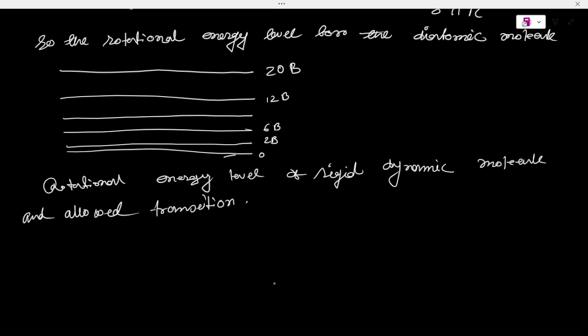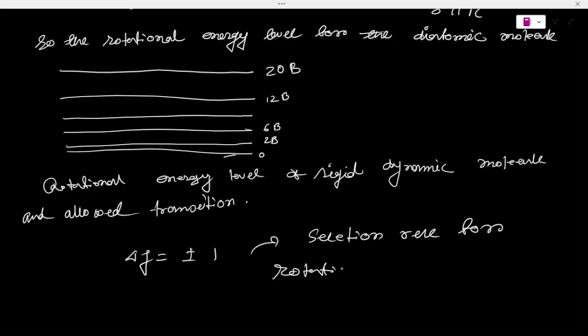Okay, so the selection rule for rotational transition is delta J is equal to plus or minus 1. So this is the selection rule for rotational transition.